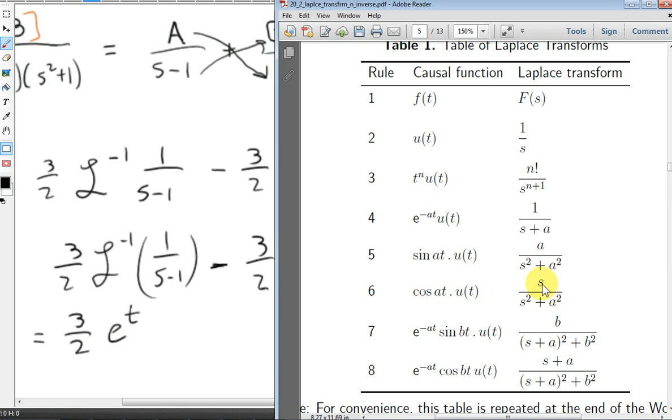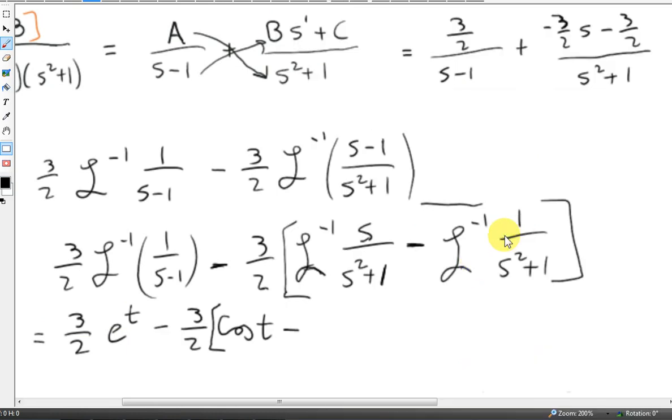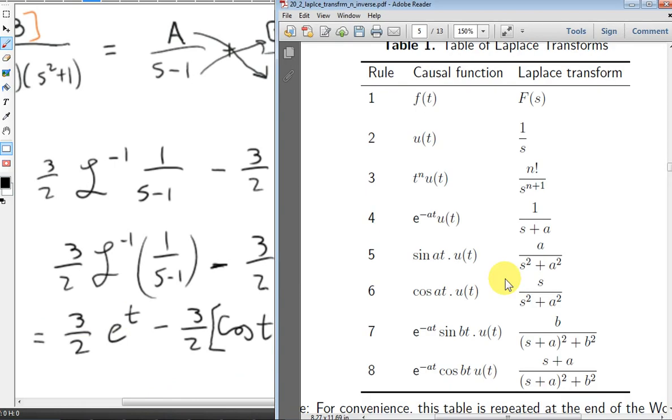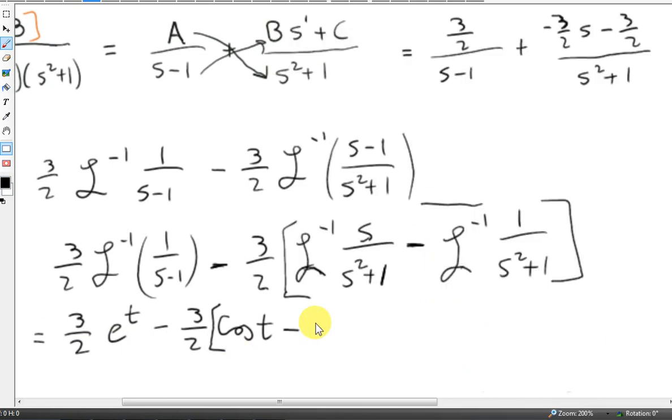So that's got the form s over s squared plus a squared with a equal to 1. 1 squared is 1, so we get cos of t. Now, L inverse of 1 over s squared plus 1 has this form here with a equal to 1. If a is 1, we get 1 over s squared plus 1. So that's sine of 1 times t.